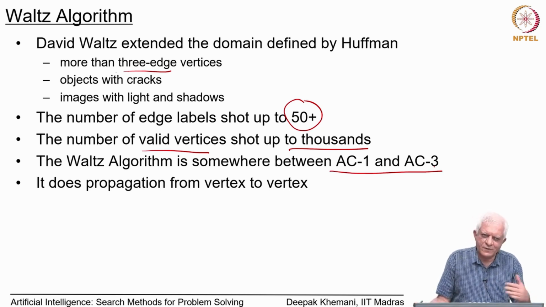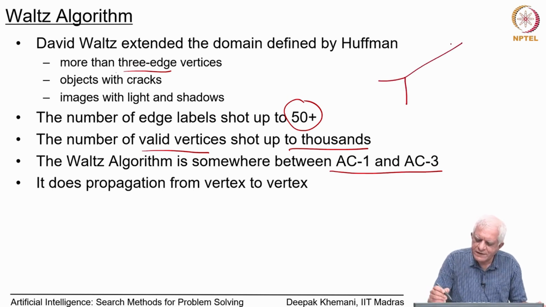It does propagation from vertex to vertex, and we have seen that, right, that if you have a vertex like this and then there is another vertex like this, you can imagine that this is a block that we are talking about, and if you have figured out that this has to be plus, then this particular edge cannot change its nature at the other end.